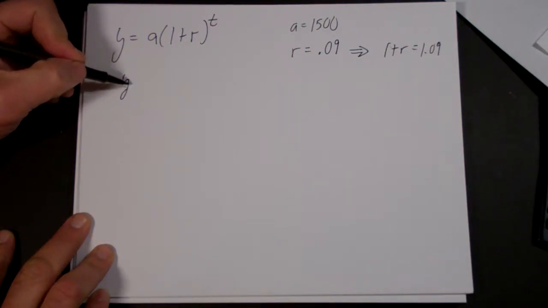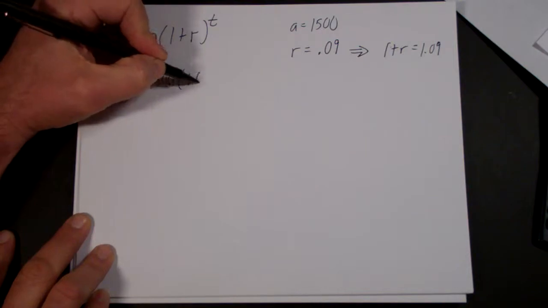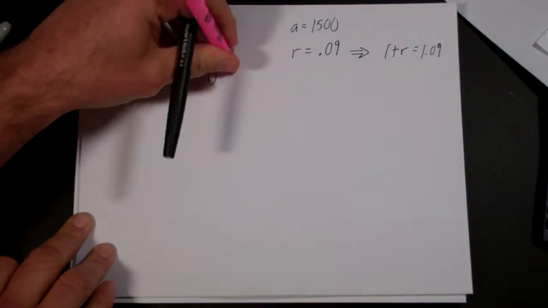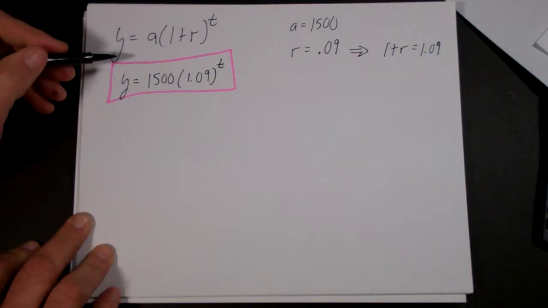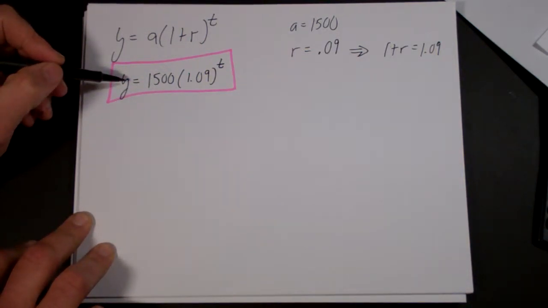So we get y is equal to 1,500 times 1.09 raised to the t, and that's going to provide us with our formula that we're going to use. Now, if we know how many years we put the money in, then we know how much money we end up with.